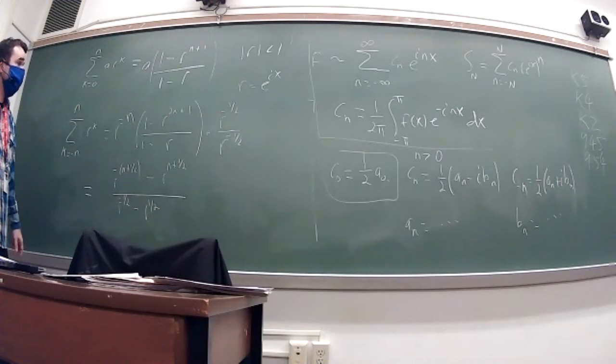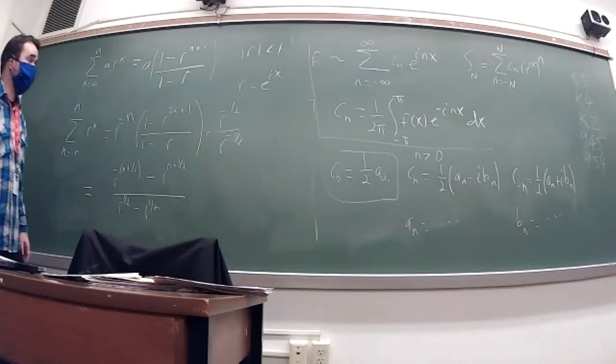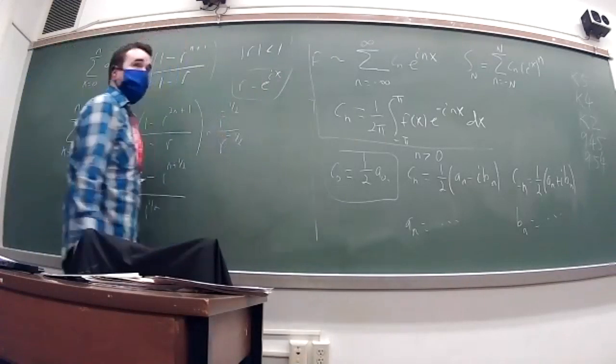Now, I want to use this formula. I just want to make the substitution r equals e to the ix.